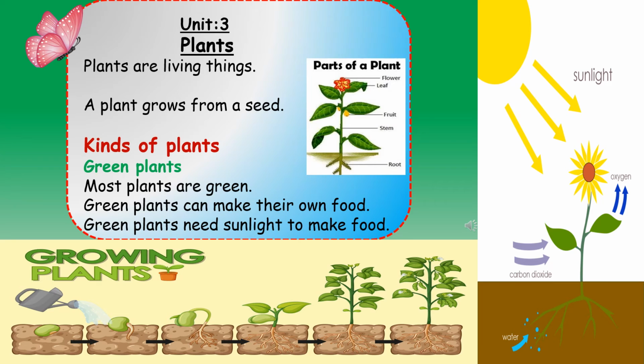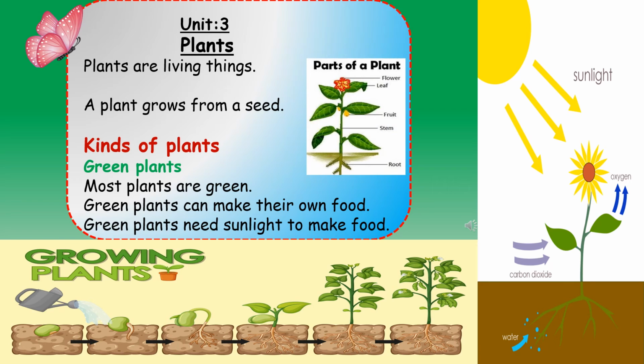Plants inhale carbon dioxide. That is not good for our health, for human beings. So because there are plants, there is lots of oxygen gas in the air. Oxygen is very good for us. Carbon dioxide is not good for us. We as human beings exhale carbon dioxide and inhale oxygen gas.